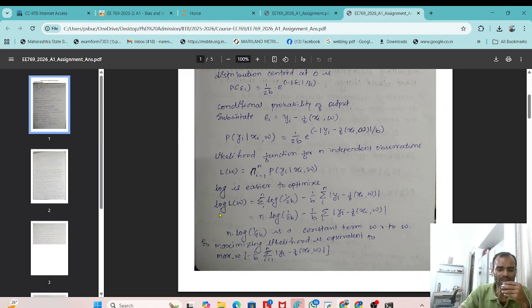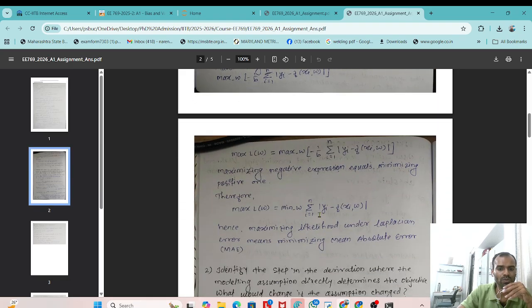So basically, we are maximizing the likelihood function, which means we are minimizing this expression. Maximizing a negative expression equals minimizing a positive one, with the log there. Minimizing this one is nothing but the mean absolute error. So that satisfies our question.